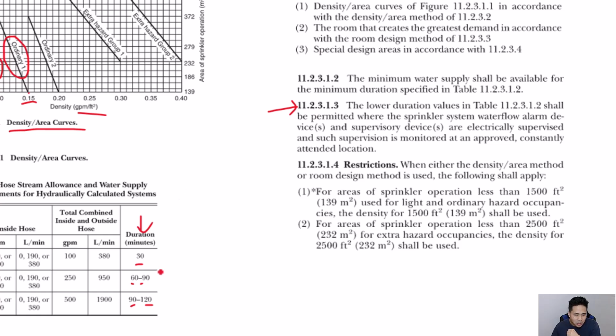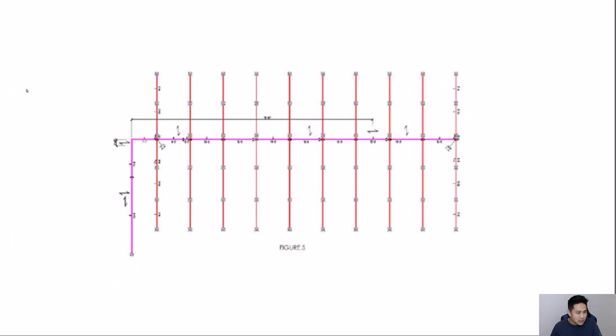And in that case, you would have to get the correct gallon size for that roof tank in order to meet this minimum duration right here. But again, if it's connected to the street supply, then you wouldn't really need to concern yourself over these minimum duration times. So let's look at an example of an NFPA 13 job.